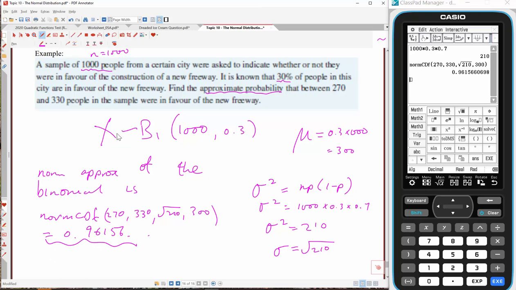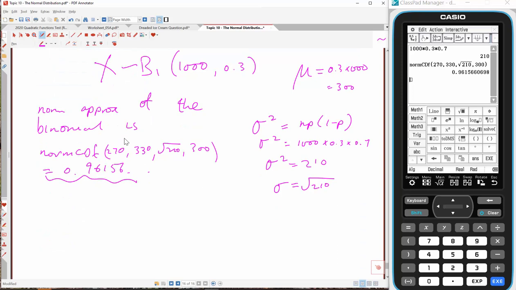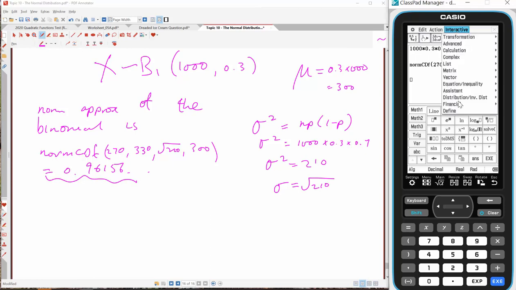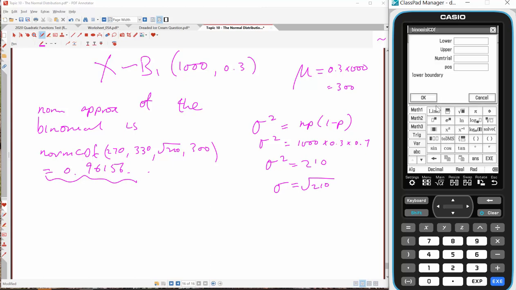Now we can also get the actual binomial probability. So I'm going to get the actual probability, which, recall, we go to discrete and binomial CDF. Now my lower is 270, my upper is 330. We're doing this 1,000 times and the probability of success is 0.3.